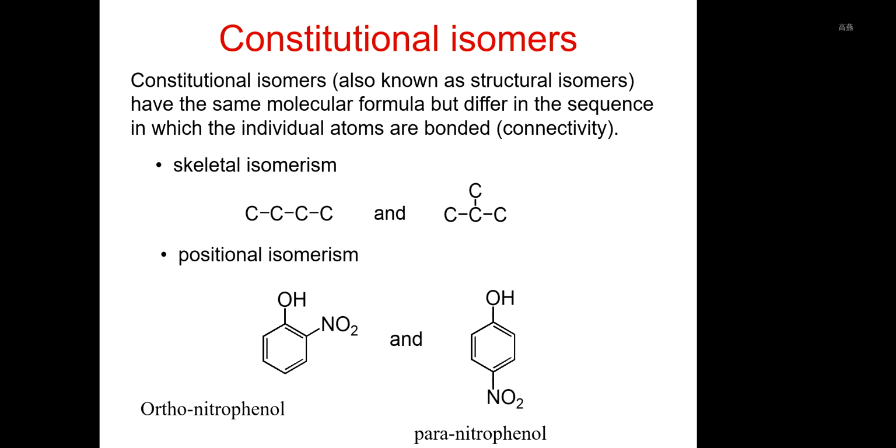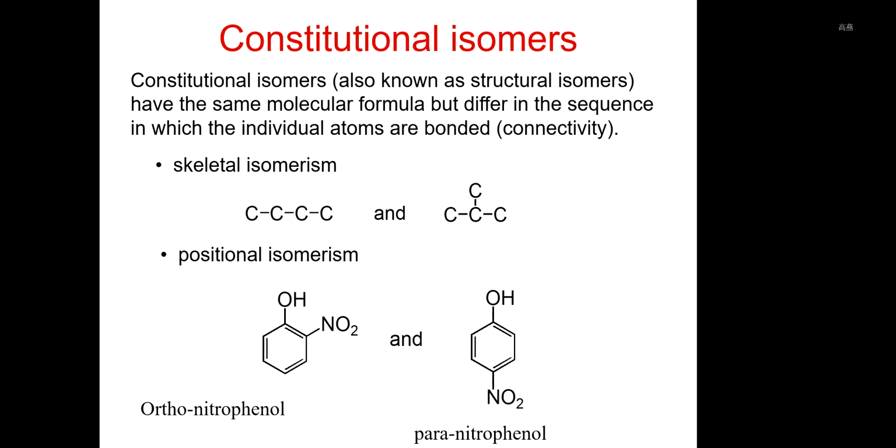We can detach the last carbon. For example, if we number from left to right, this is the first carbon, this is the second, this is the third, and this is the fourth. If we detach the fourth and reattach it to the second carbon, that's a different structure, right?